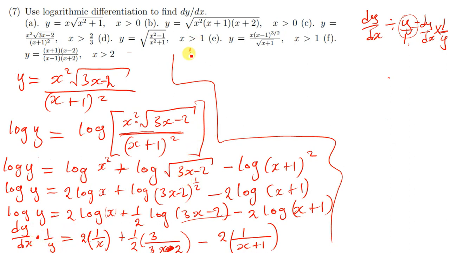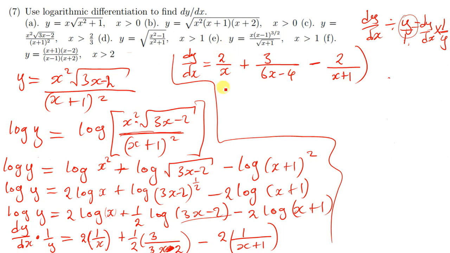We leave dy/dx along this side, so dy/dx will therefore be equal to, this function becomes 2 times 1 there, you get 2, and then over x. Then we say plus 3 over 2 times 3, that will give us 6x, 2 times negative 2, negative 4, minus 2 over x plus 1.